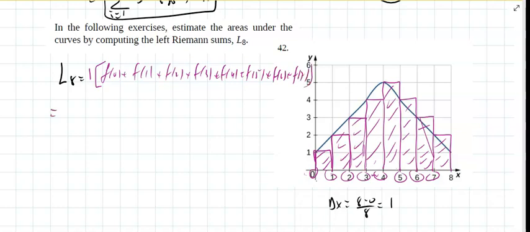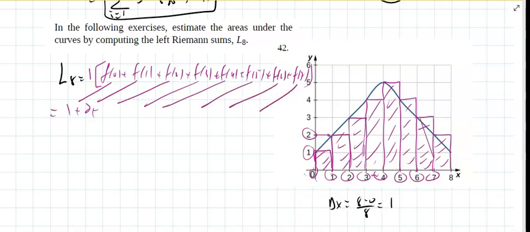F of 0 happened to be 1. F of 1 happened to be 2. F of 2 happened to be 3. F of 3 happened to be 4.